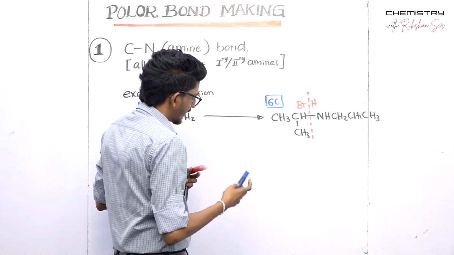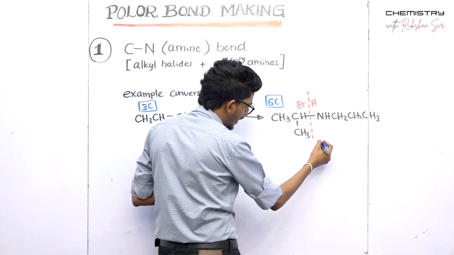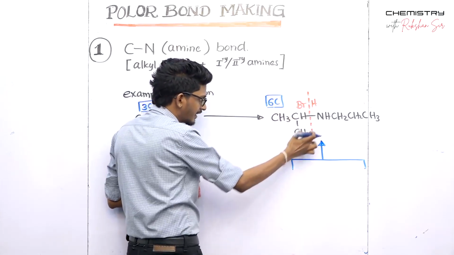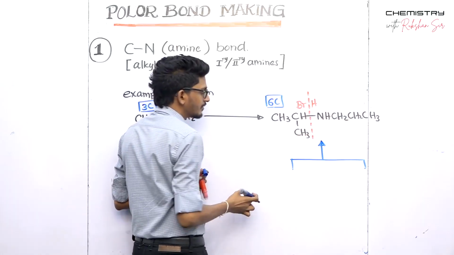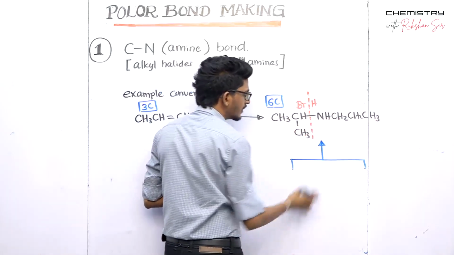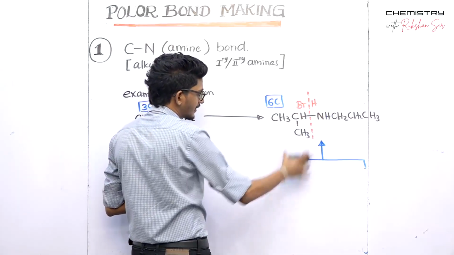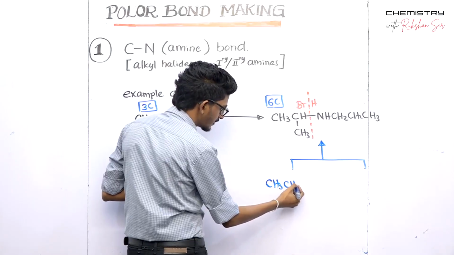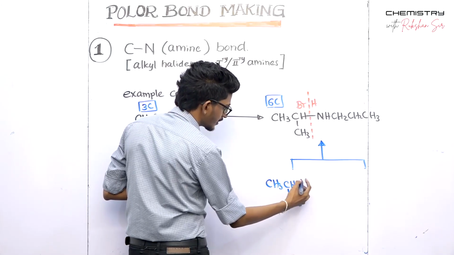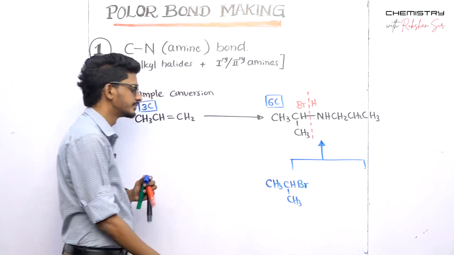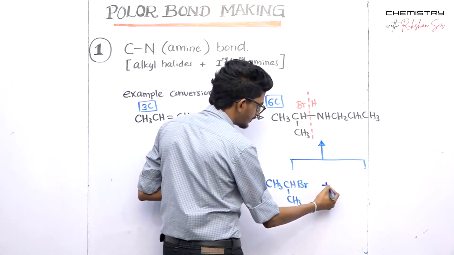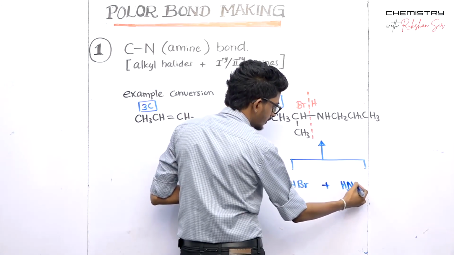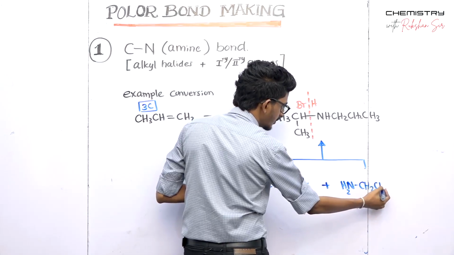So actually this compound is made by the reaction of this alkyl halide and this amine. So just write this: CH3, CH, CH3, Br, connecting with NH2, CH2, CH2, CH3.